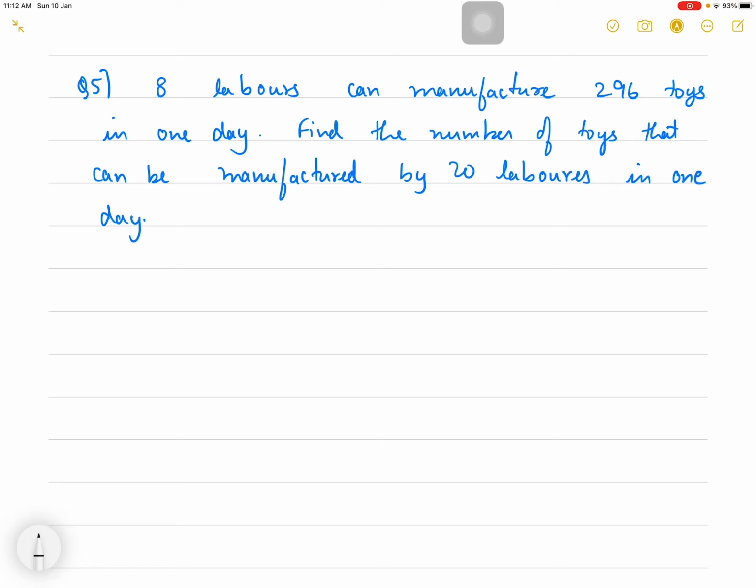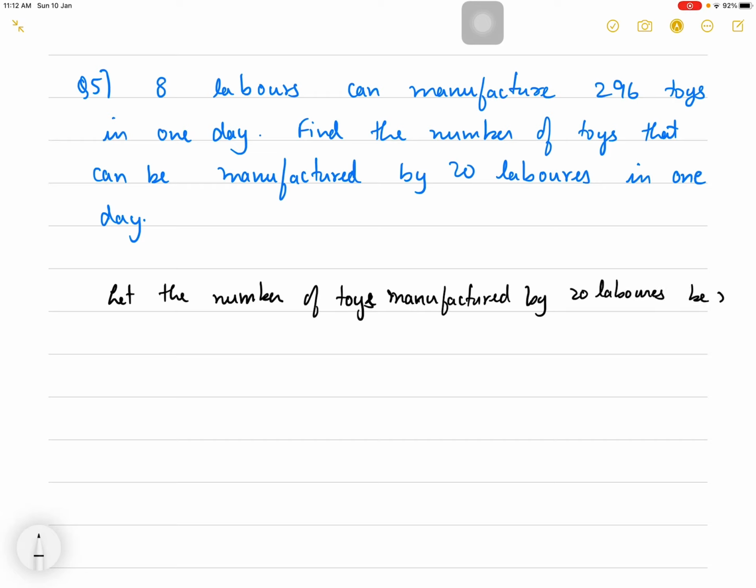So let the number of toys manufactured by 20 laborers be x.